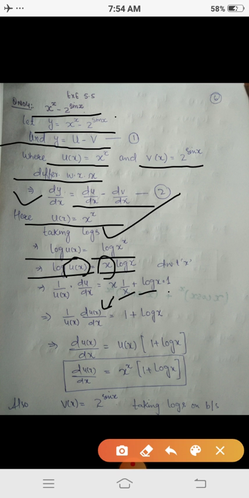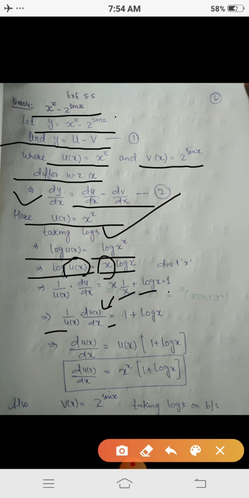Differentiation of x is 1, so 1 upon u of x into du by dx equals 1, by cancelling x in numerator and denominator, plus log of x. Or du by dx equals u of x into 1 plus log x.